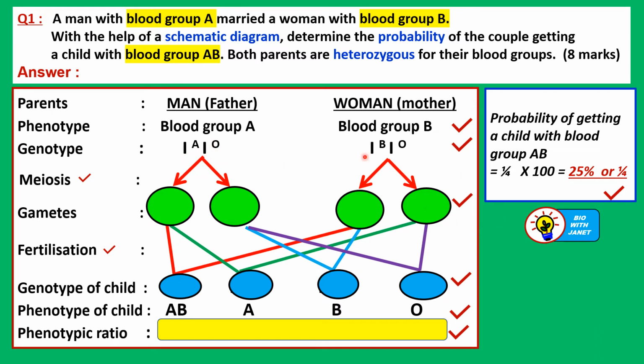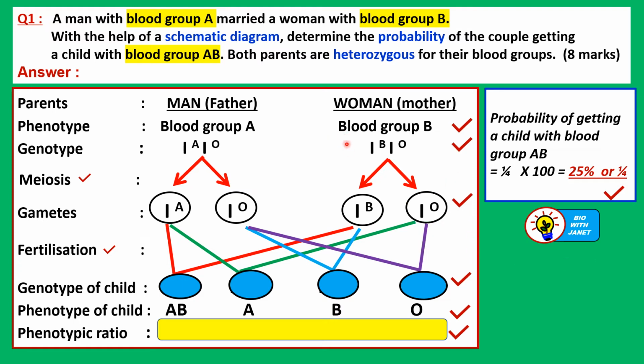So each gamete will have one of these alleles, right? So the first gamete has allele IA, the second gamete has allele IO. Now, for a woman with blood group B, she produces two types of gametes. The first type of gamete has allele IB, and the other one has allele IO. Just separate the two alleles from each other in the formation of gametes.